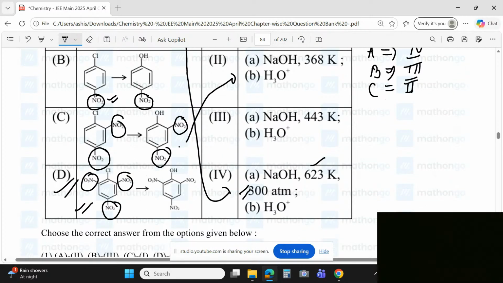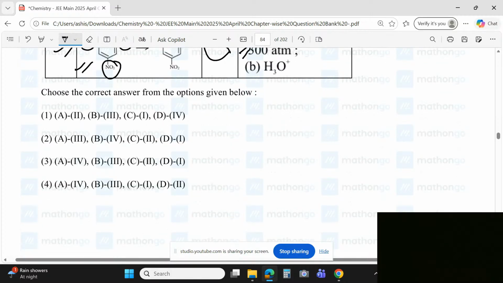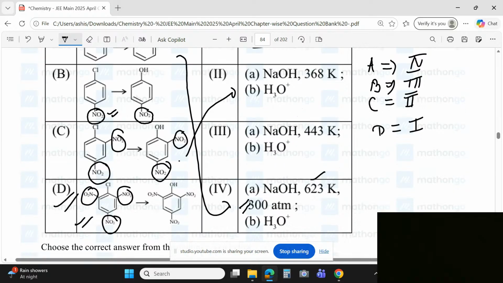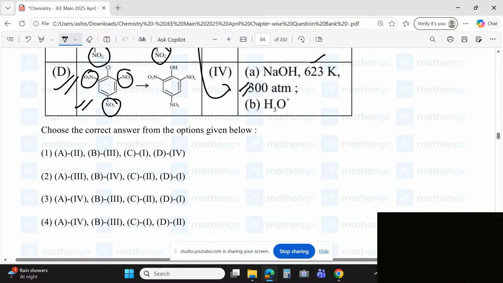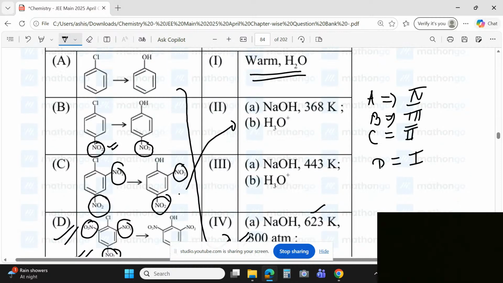So D will be first. Your answer will be D first, A fourth, B third, and C second. So the answer will be third.